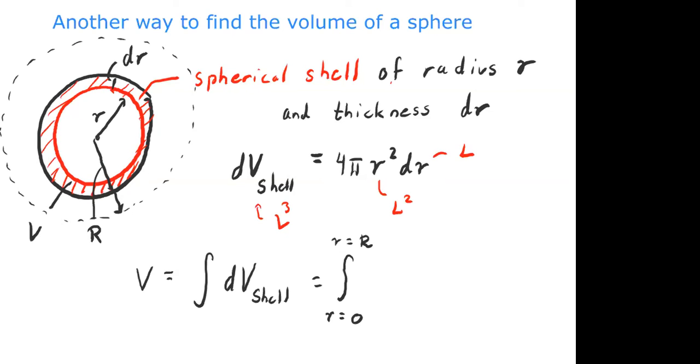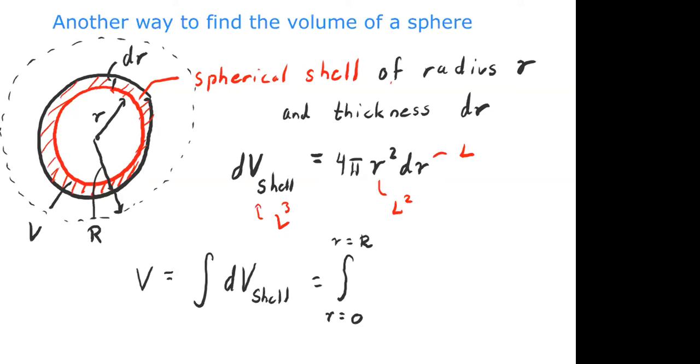And if I want to figure out what the volume is of this entire sphere bounded by this dotted line, I break the problem up into spherical shells highlighted with red hatches, and then just add all these guys up from 0 to R.